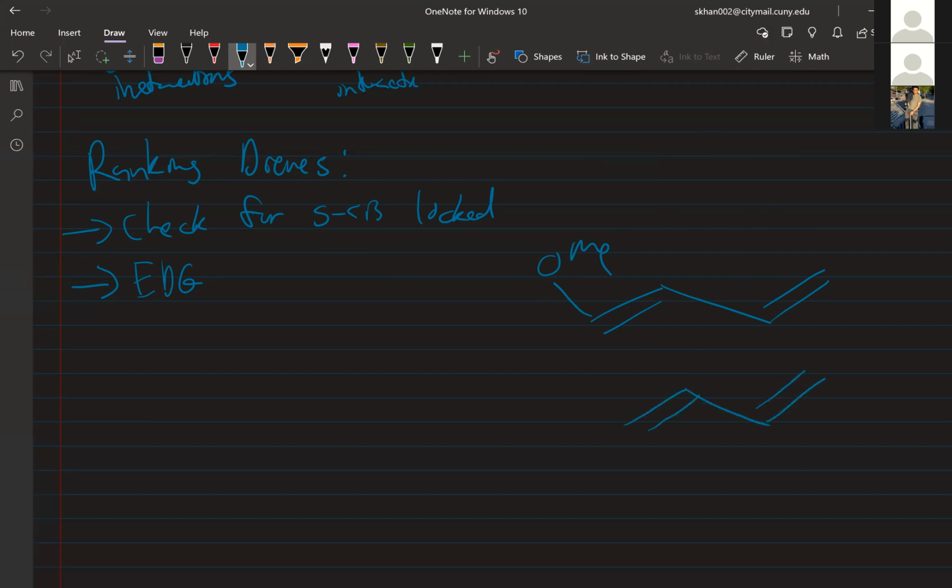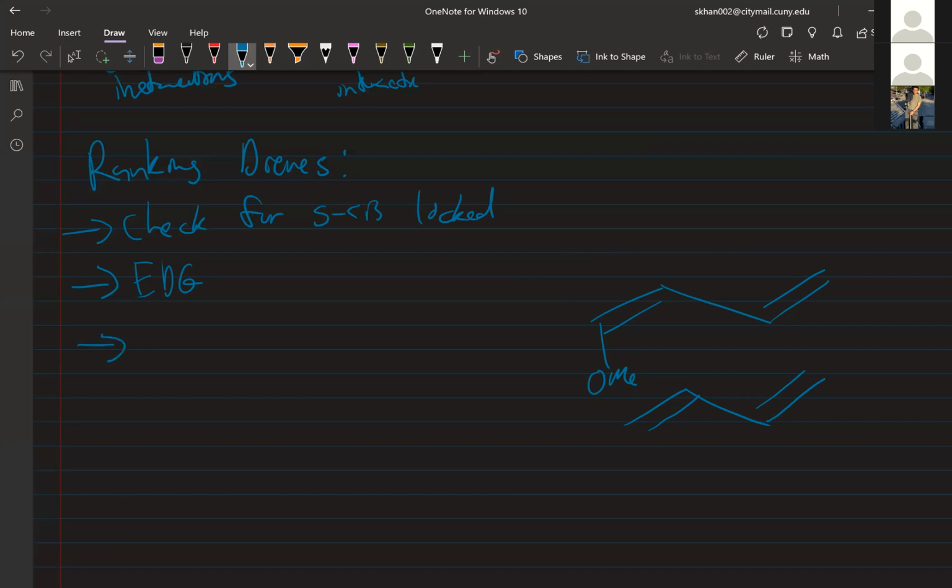You have an electron donating group here, or even if I put this on the inside, it doesn't matter if it's on the inside too, right? This has more electron density in it, right? So electron donating groups take the next priority. Like I said, it all comes together. That's why I'm not putting this as a 1, 2, 3, 4 thing. It's just things you have to check for, right?